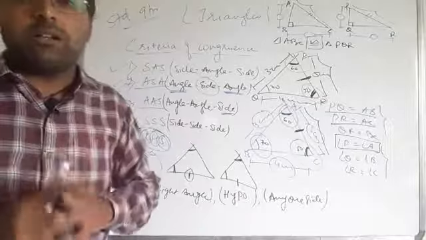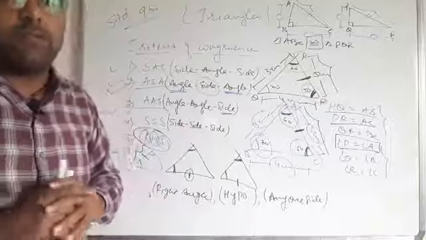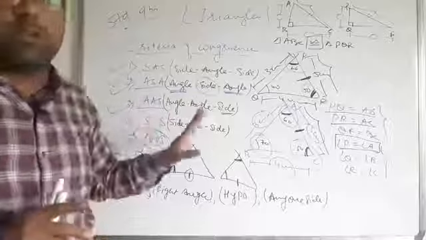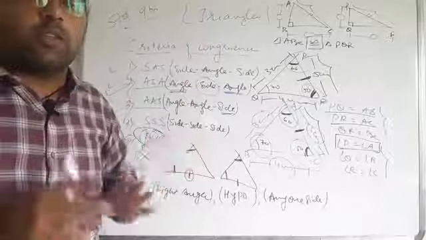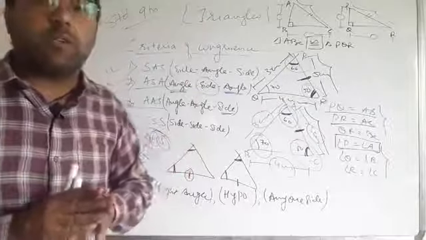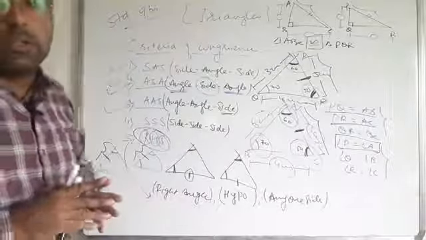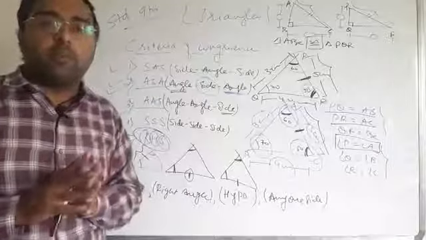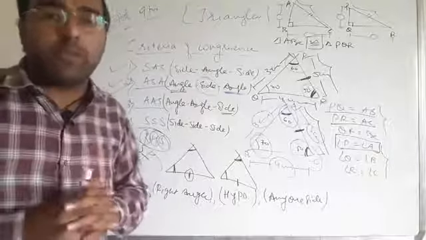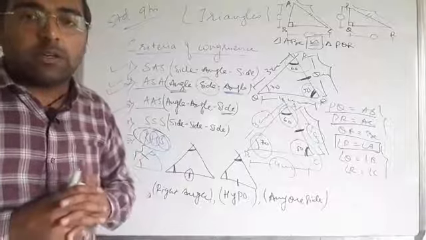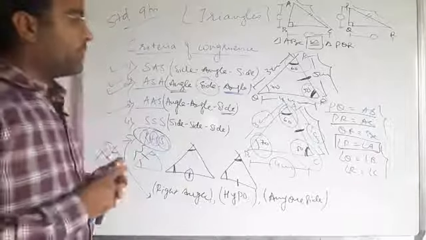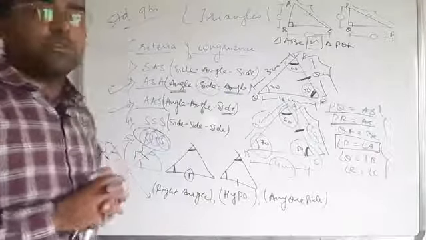You must understand this criteria of congruency. If you understand it and all these parts, then this is the easy one of the chapters from your textbook, okay. Clear that? I hope you understood all these things in today's session.